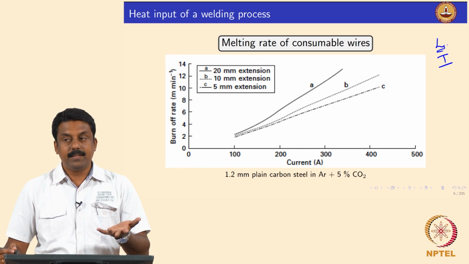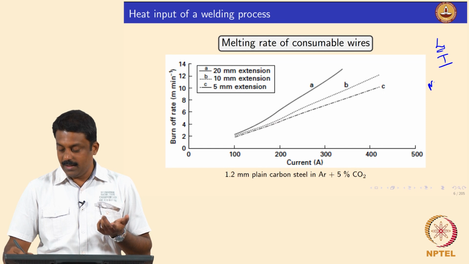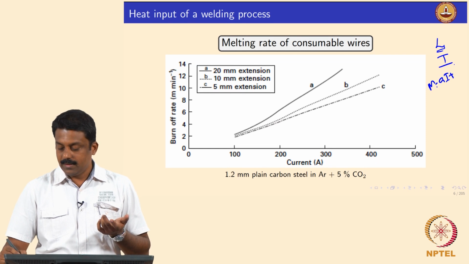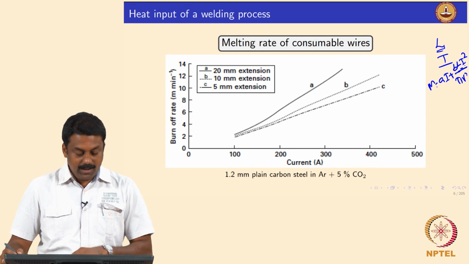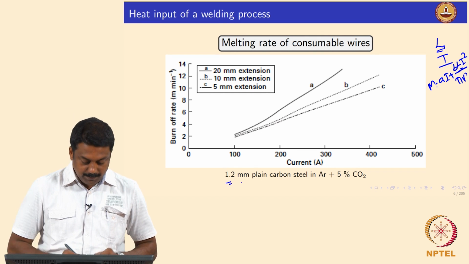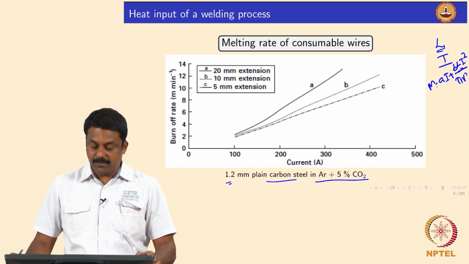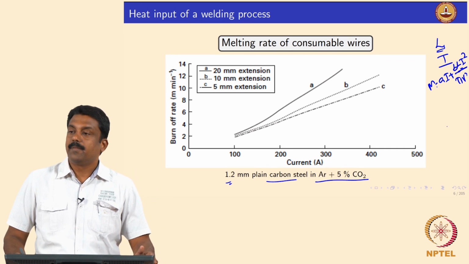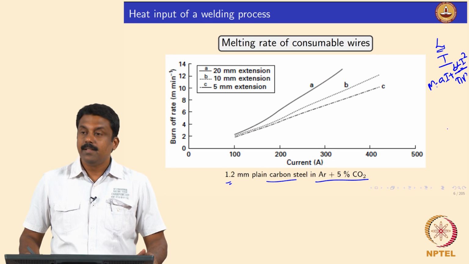If stick out length increases, melting rate also increases, because melting rate is AI plus B L I square by pi r square. So, if L increases, melting rate increases. In this case everything is fixed: 1.2 mm diameter plain carbon steel, argon and 5% CO2 atmosphere. The two parameters that can be varied are the current and stick out length, right.